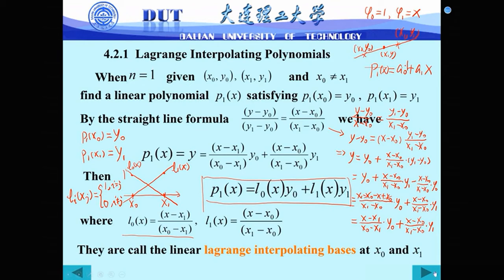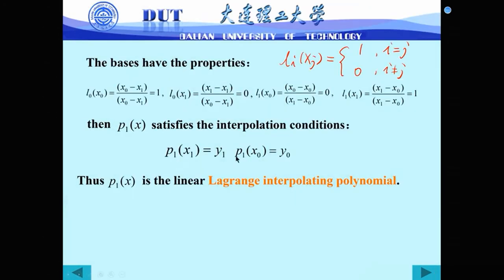Now we check this property by these 4 formulas again, because we write P1(x) as L0(x) multiplied by y0 plus L1(x) multiplied by y1. Two bases, two function values.